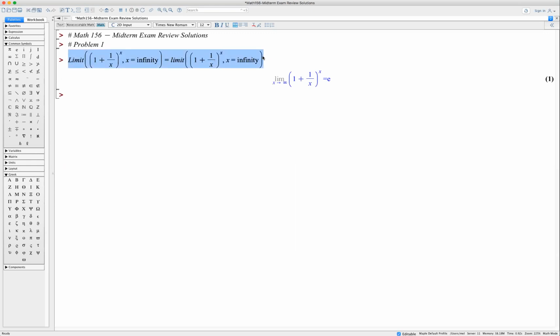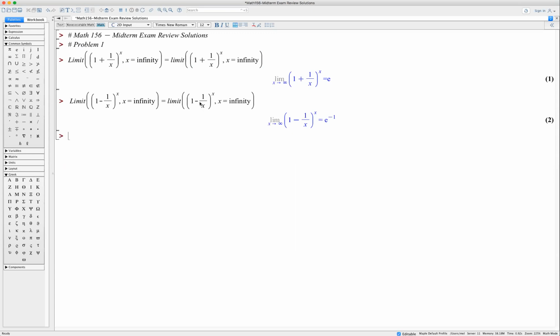And if it's the same problem, but 1 minus 1 over x, then you should know from calculus that this limit is equal to 1 over e, or e to the minus 1.